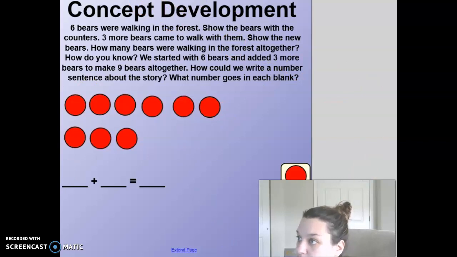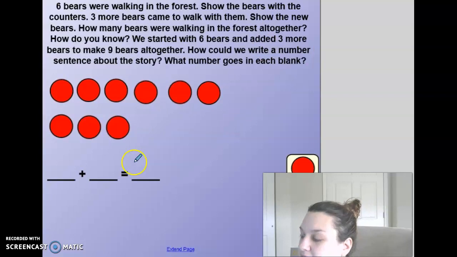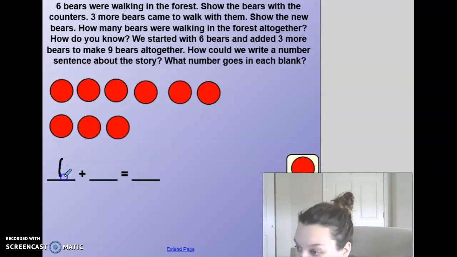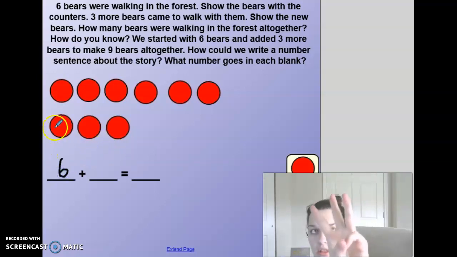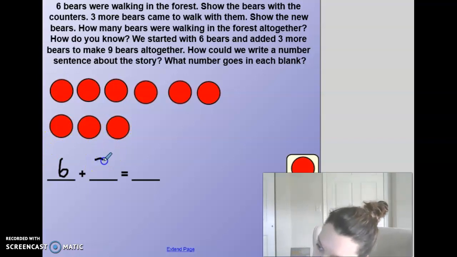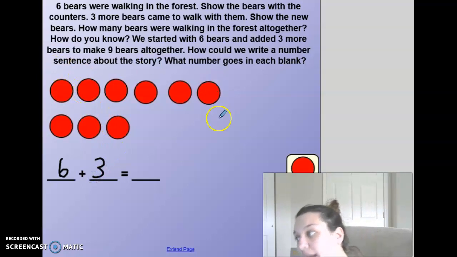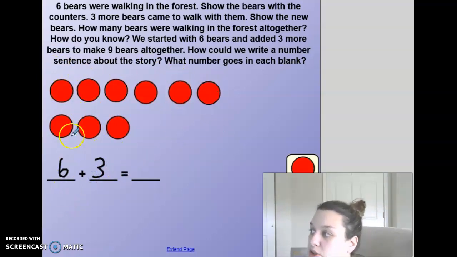Okay, but here we go. Let me just get the little marker. Okay, so I've got my marker here. We had how many at first? 6. So we're going to say 6, which is one of our parts, plus how many more came walking along? 3. And then we can use our picture to figure out our sum or our total.